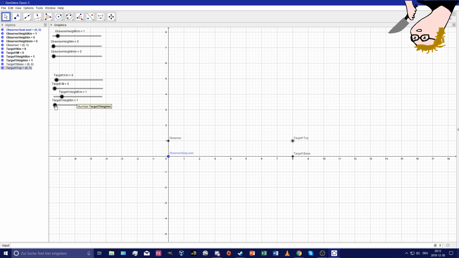There we go. So as you can see, when I set the target height higher, for example, to 4 kilometers, this point will be moving vertically.